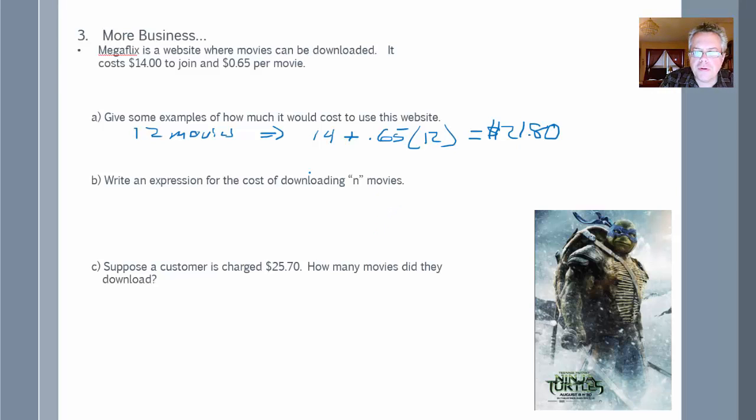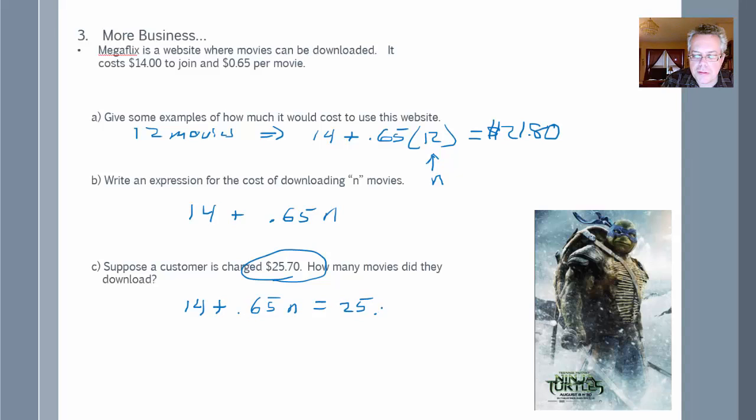Let's write an expression for the cost of n movies. So pretty much in my example, where I had the number of movies, I'm going to replace it with the variable n. So the cost of n movies would just be 14 plus 0.65 times n. And now we can use it. Suppose the customer is charged $25.70. So how many movies did they download? Well, we would set our expression for the cost equal to 25.70.